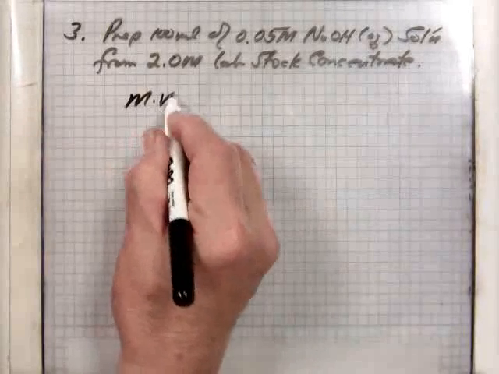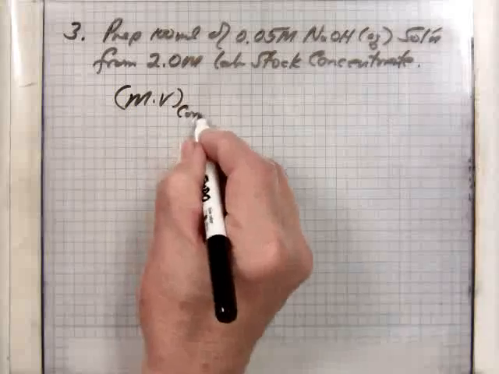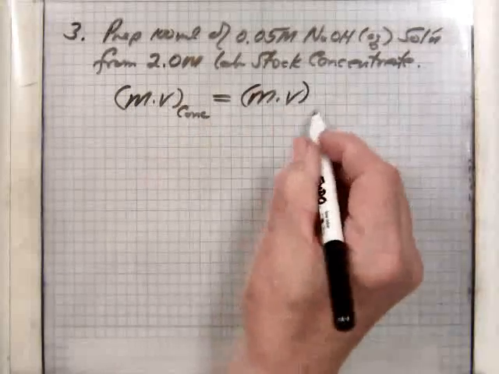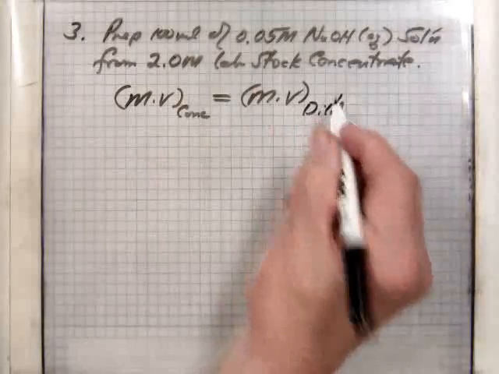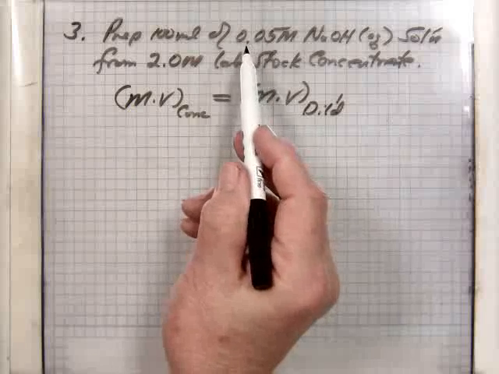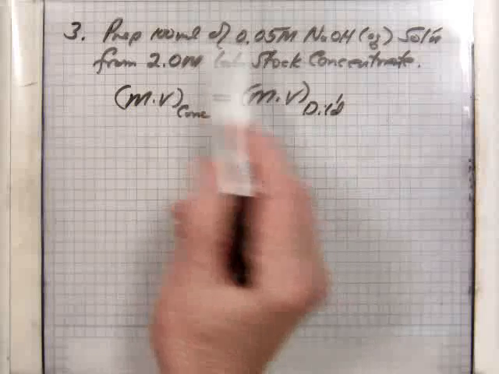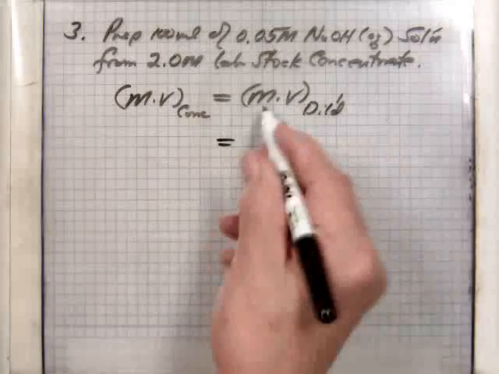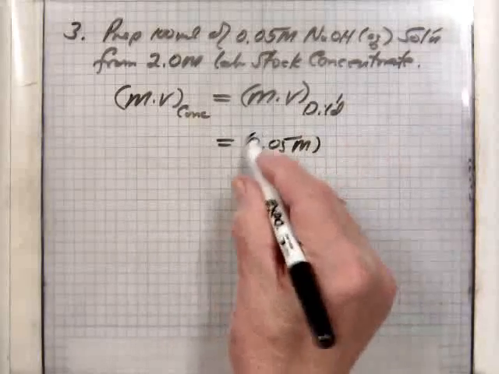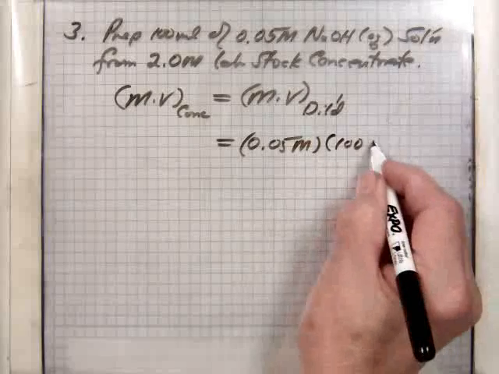Molarity times volume of the concentrate is equal to molarity times volume of the diluted sample. So given 100 milliliters of 0.05 as the needed solution, then we can put that in: 0.05 molar times 100 mils.